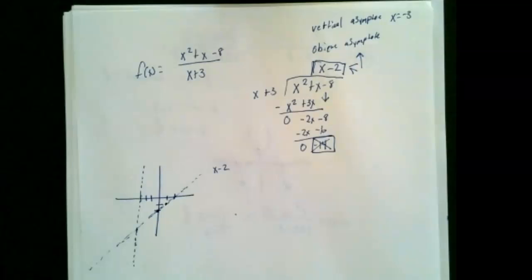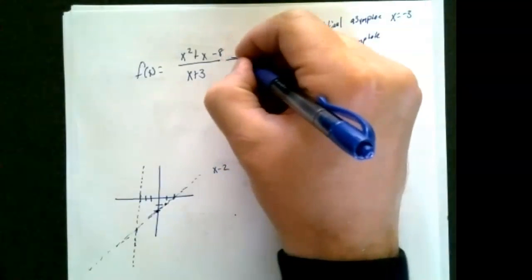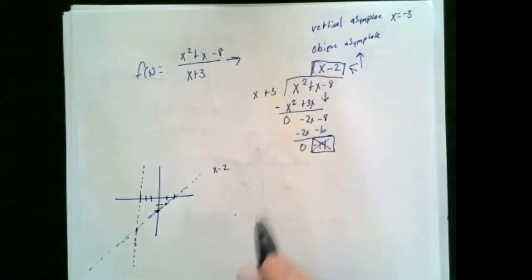Okay, talking about intercepts. To find your x-intercepts, the easiest thing to do is to make sure that we're in the factored simplest form. x squared plus x minus 8.